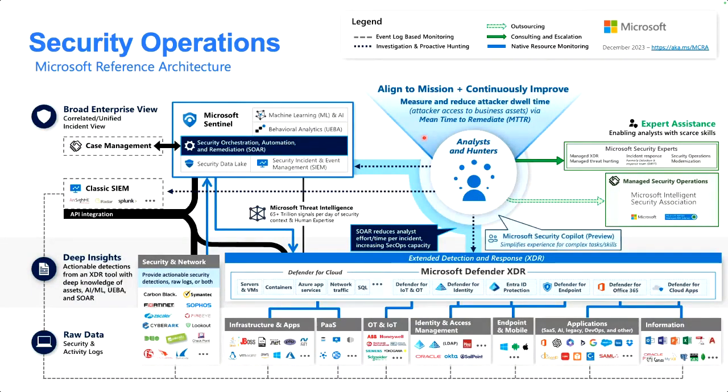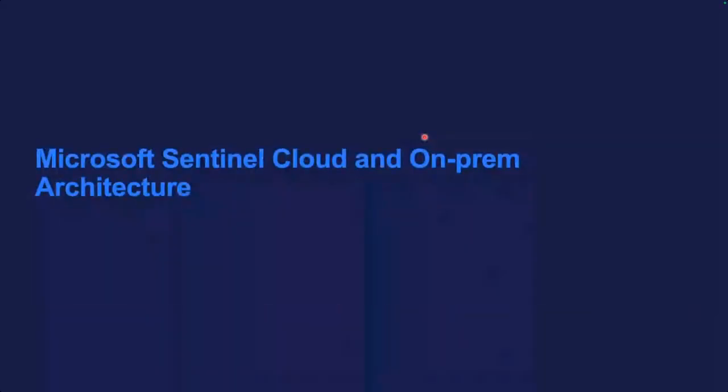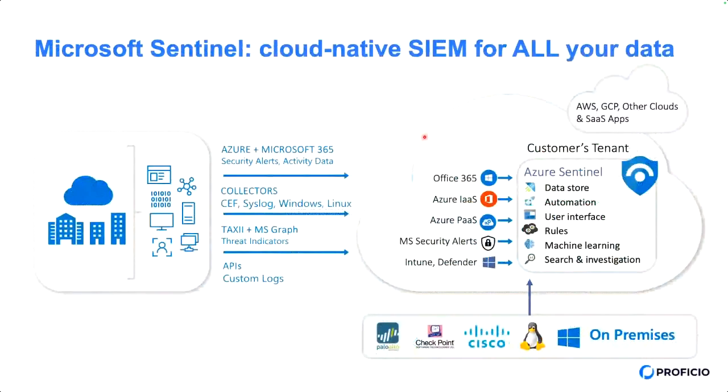So let's move on and take a look at the architecture of Sentinel itself. First of all, you need to understand that whenever you set up Sentinel in your environment, it's set up in your tenant, right? So everything inside the Sentinel tenant is your own. You own the data. You own everything.